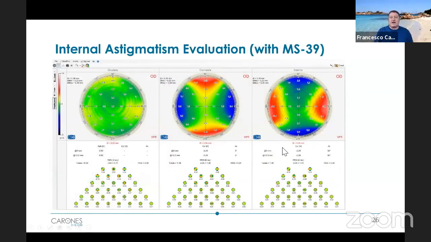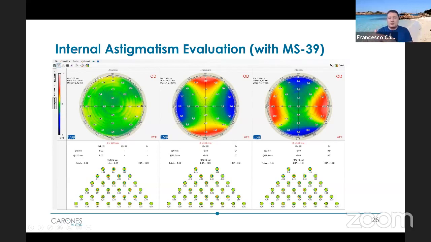But you can use this device also for other purposes, like evaluating, for instance, the accuracy of your axis alignment with toric IOLs, in this case a presbyopia correcting toric IOL, because you can use the MS39, the anterior segment OCT, as the screening tool for having the cornea evaluation of the eye. And you can use the Osiris to evaluate the ocular aberrations as a whole.